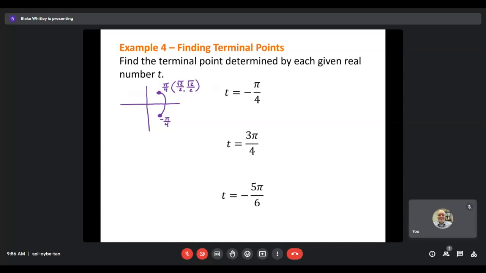It's in the fourth quadrant. So the only thing that's going to change is now my y value has to become negative. X value is going to stay exactly the same. Y value becomes negative. And so this gives us square root of 2 over 2, and then negative square root of 2 over 2. And so my terminal point is square root of 2 over 2, negative square root of 2 over 2.